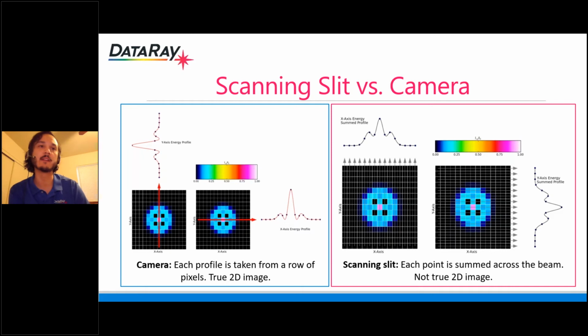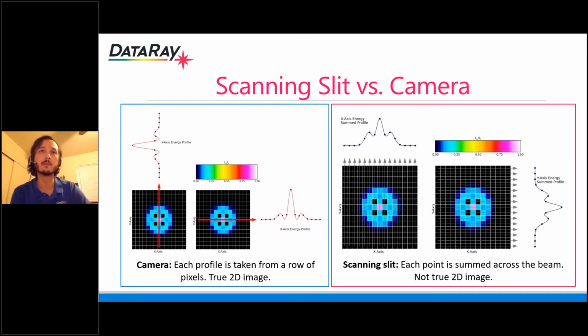So if we look at the left side of our screen, we have a camera profiler. To get a one-dimensional profile, we just read out those pixels individually. So as we see, if we go vertically, we just look at each pixel, and that'll give us a profile in that dimension, or in that axis, so to speak. Where this differs is on the right side with a scanning slit profiler, you're using an entire slit just to get one intensity point. So it's essentially a summed measurement. We're using an entire vertical column of quote unquote pixels, entire vertical column of the beam to get only one measurement.